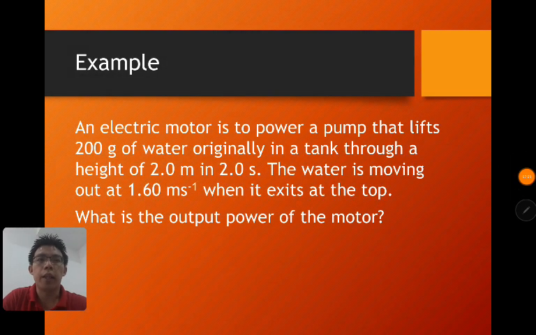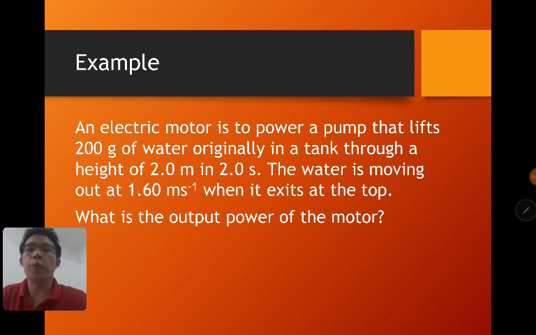Next, we have an electric motor trying to power a pump. It lifts 200 gram of water through 2 meters in 2 seconds, and the water is moving out at 1.6 meters per second when it exits. What's the output power of the motor? Again, we look at what's the purpose of this motor. It is to lift the water.